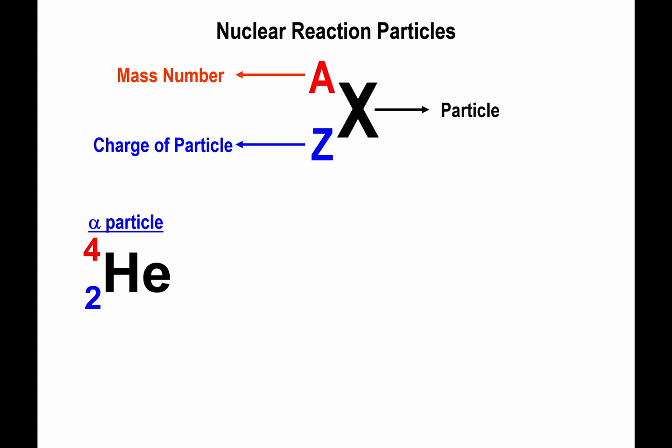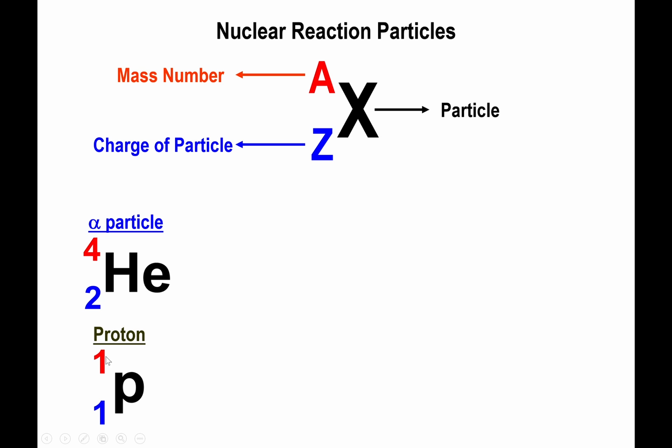All right, one particle that you do need to be aware of is known as the alpha particle, and it's technically a helium-4 isotope, where you have 2 protons and 2 more neutrons, making up an atomic mass number of 4. This is known as the alpha particle. A similar type of particle, the proton, you've already seen that in a few examples already.